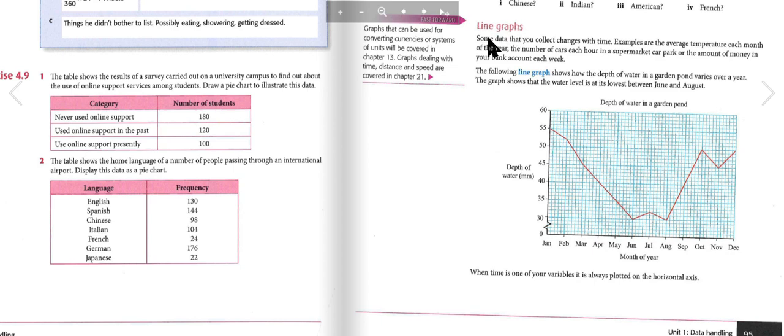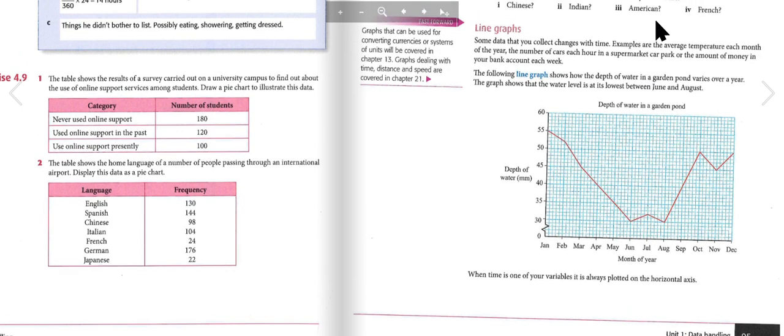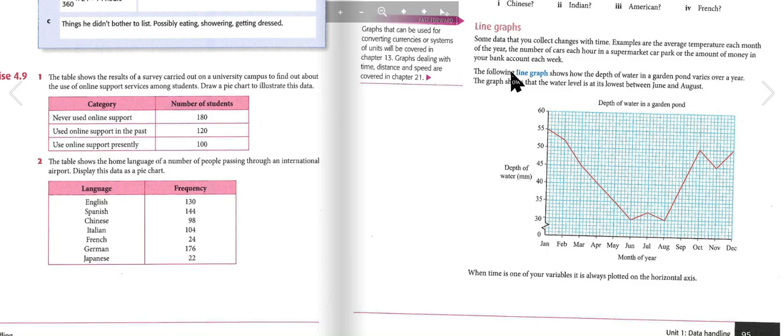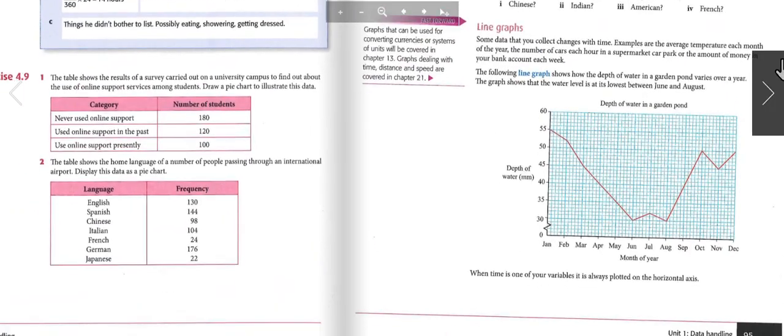Line graphs. Some data that you collect changes with time. Examples are the average temperature each month of the year, the number of cars each hour in a supermarket car park, or the amount of money in your bank account each week. The following line graph shows how the depth of water in the garden pond varies over a year.